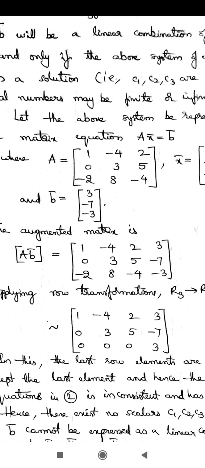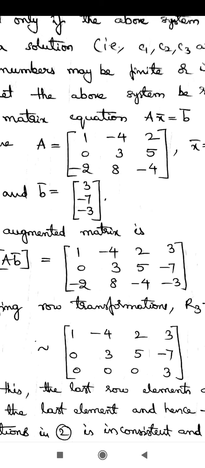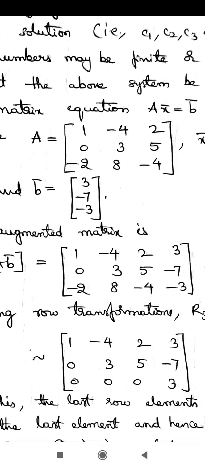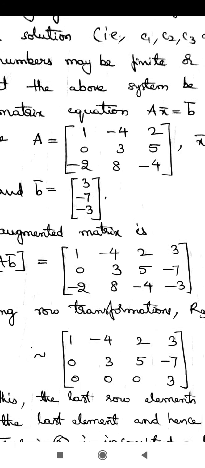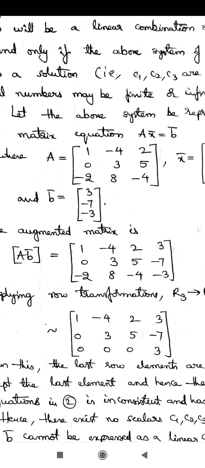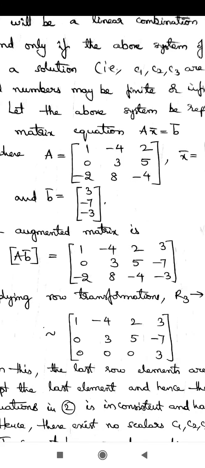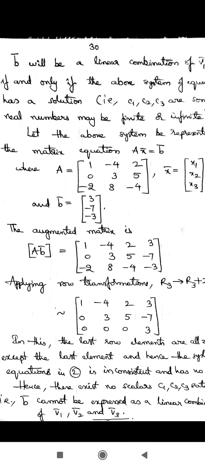Now consider the augmented matrix A b bar. A b bar has the first three columns taken from A, and the last column is the values in the vector b bar. Using some elementary operations, this augmented matrix can be changed into echelon form, which you recalled in the prerequisites.